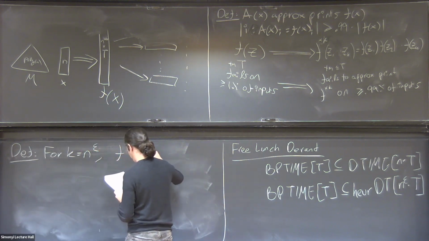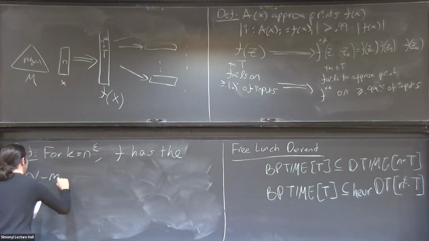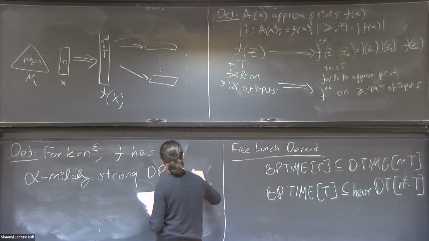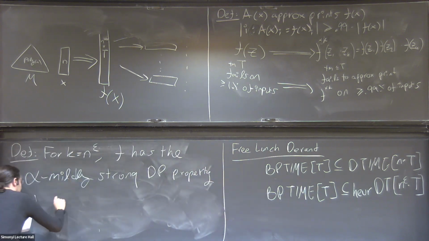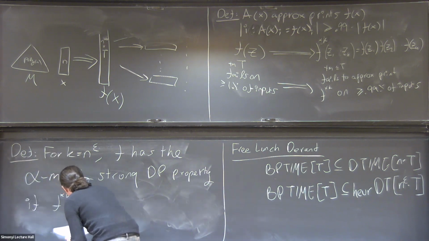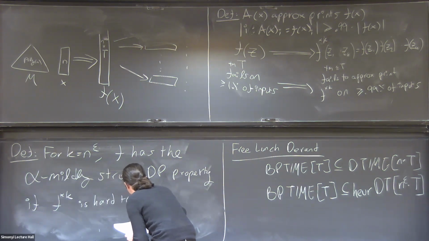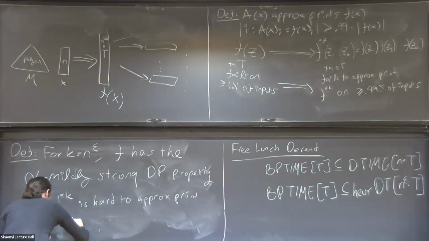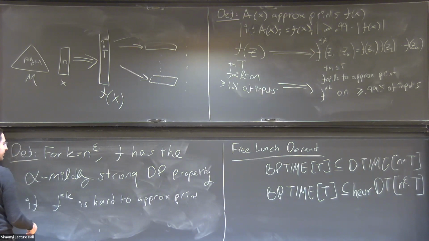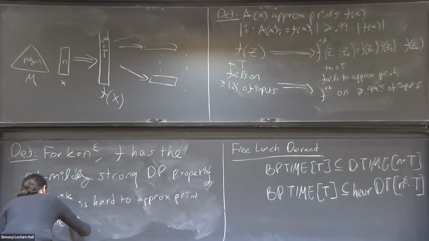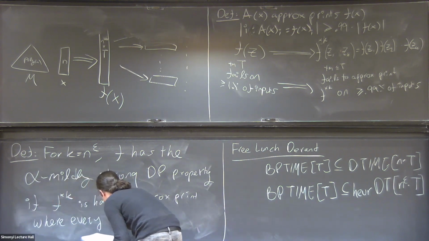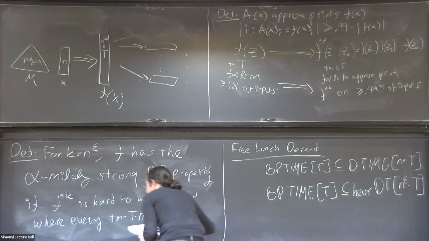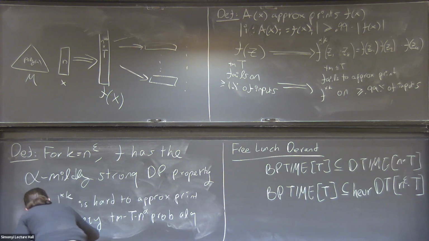We say that the function has the alpha mildly strong direct product property if the k-wise direct product of f is hard to approximately print, where every algorithm running in time t times n to the alpha, probabilistic algorithm, fails on 99% of cases.